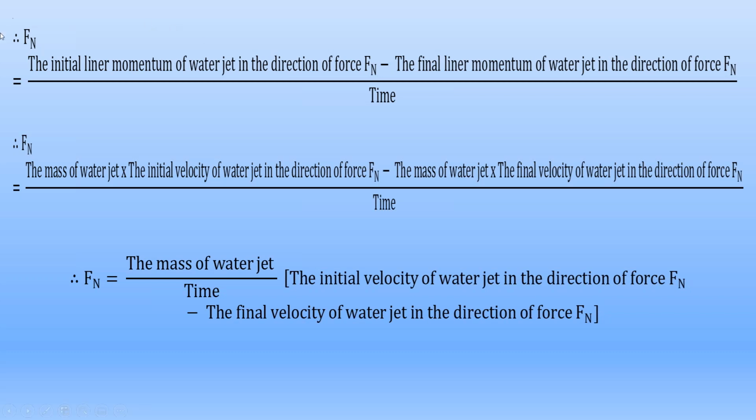Coming to this right hand side, what is the initial linear momentum of water jet in the direction of force Fn? Linear momentum is equal to mass into velocity. So initial linear momentum is equal to mass of the water jet into initial velocity of water jet in the direction of force Fn.